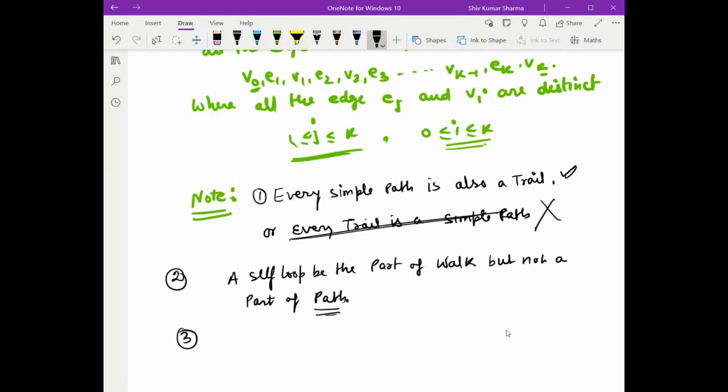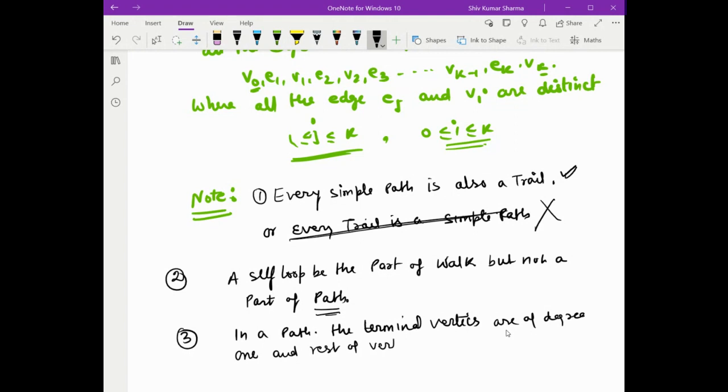Number 3, in a path, the terminal vertices are of degree 1 and the rest of the vertices are of degree 2.